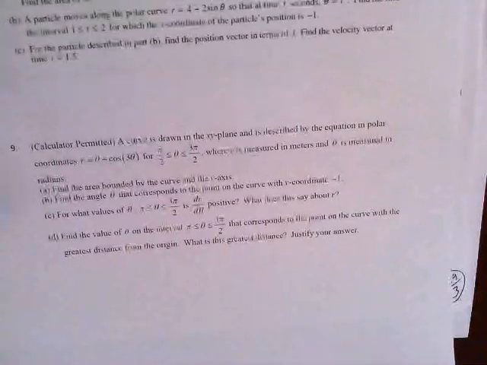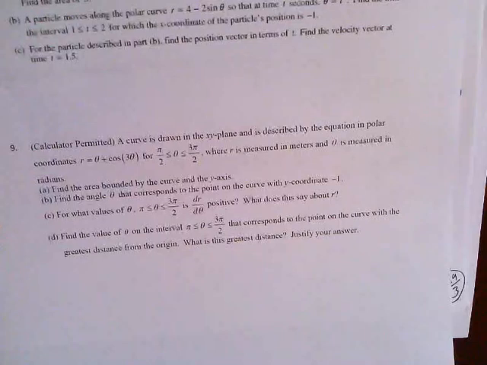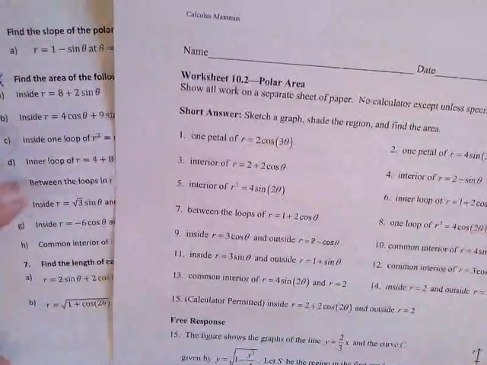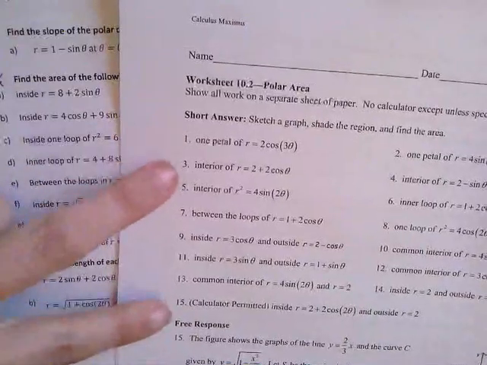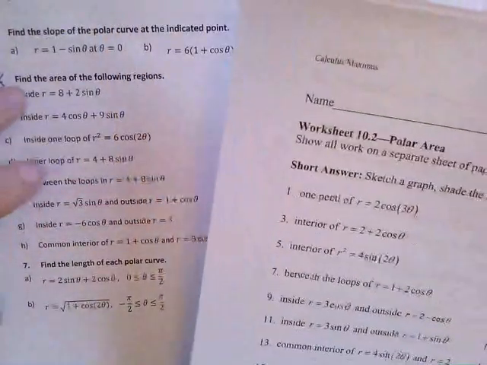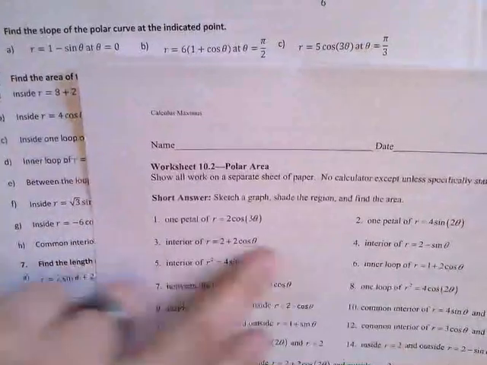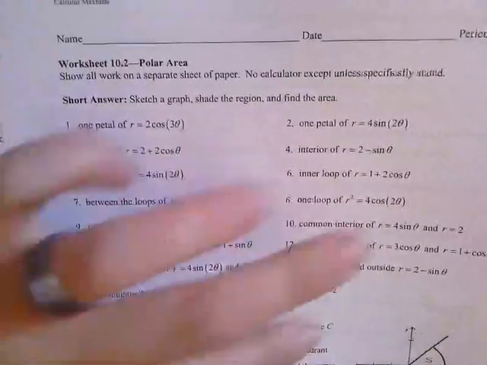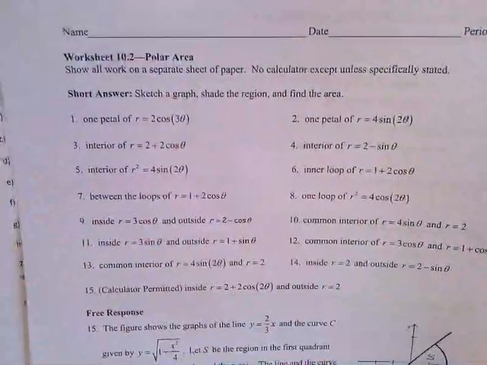And it also has 2 questions that are directly from the AP exam that you can practice. So I'm going to put these 2 up, but for finding the area, just stick with this, because this is more than enough examples on how to find the area. Okay?